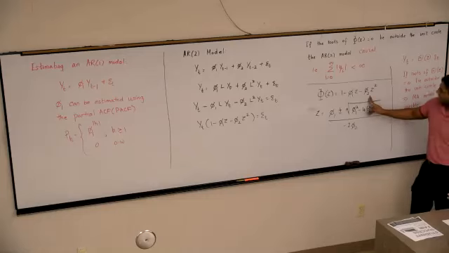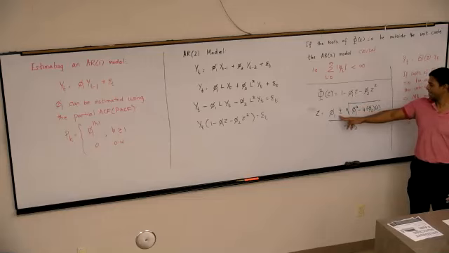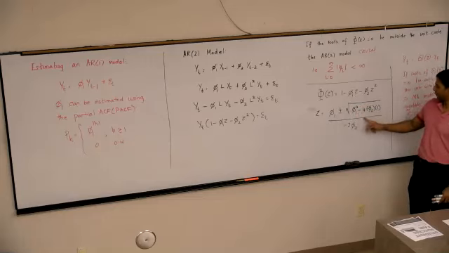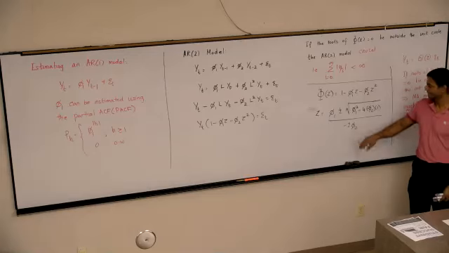So this is a, that is b, that is c, right? Minus b plus or minus the square root of b squared minus 4ac over 2a.